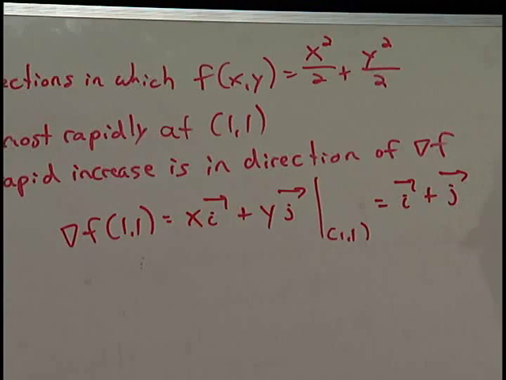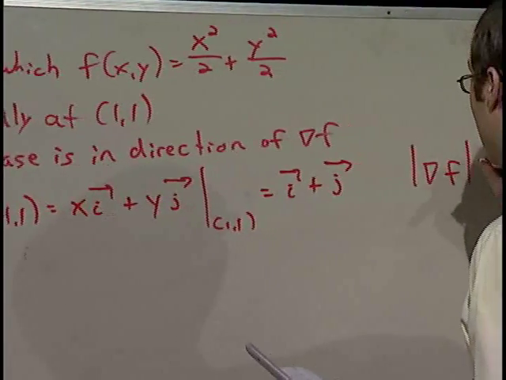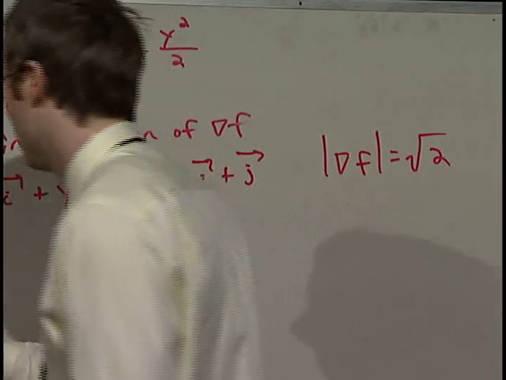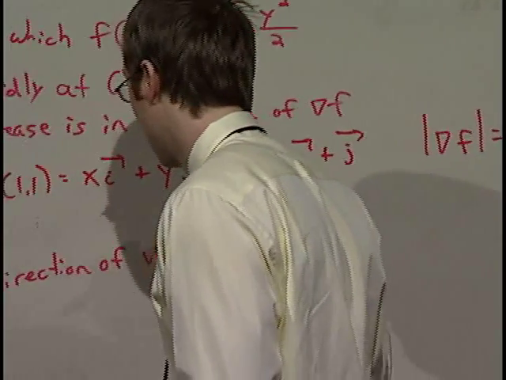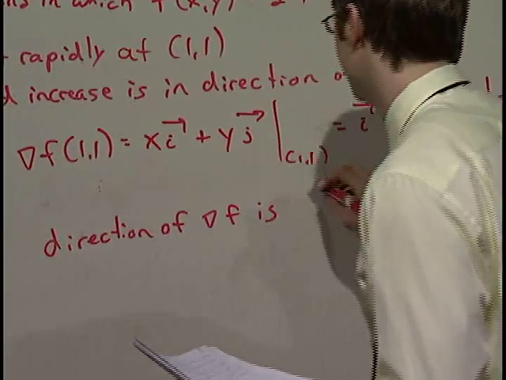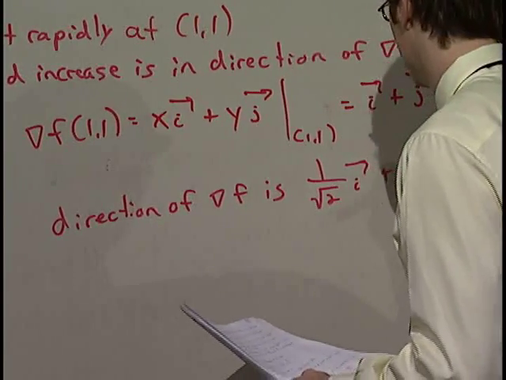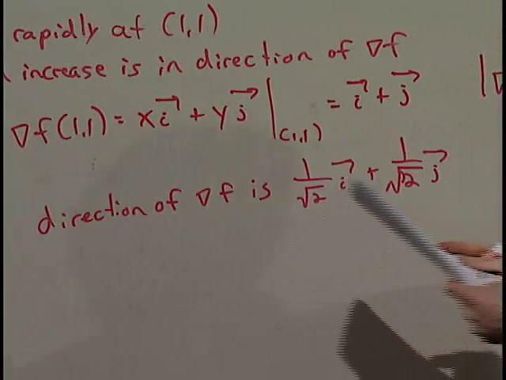Well, that's not a unit vector, so it's not the direction. The length of grad f is root 2, right? And so the direction of grad f is 1 over root 2 i plus 1 over root 2 j.